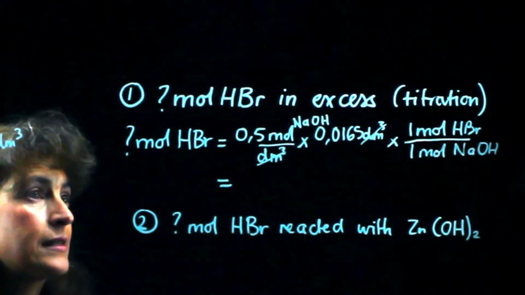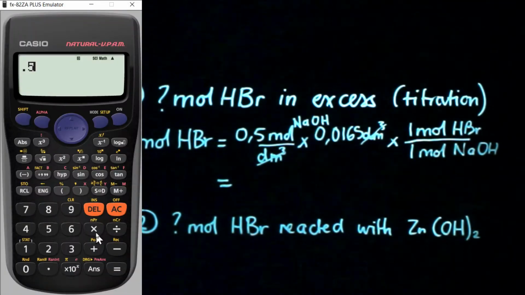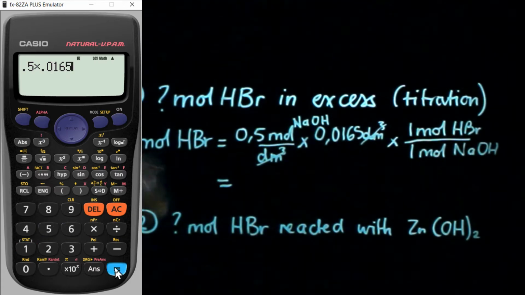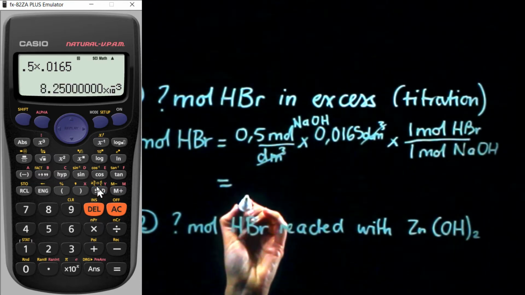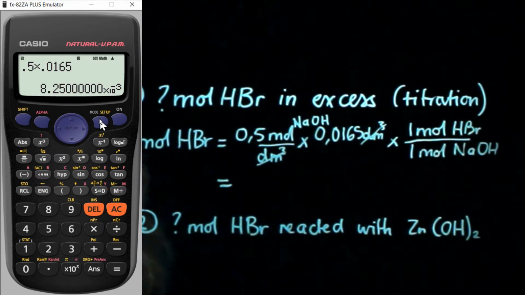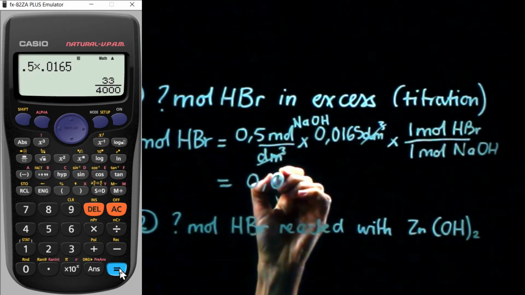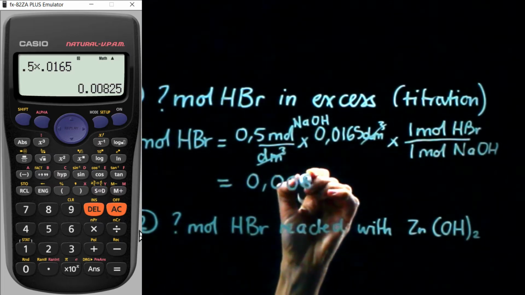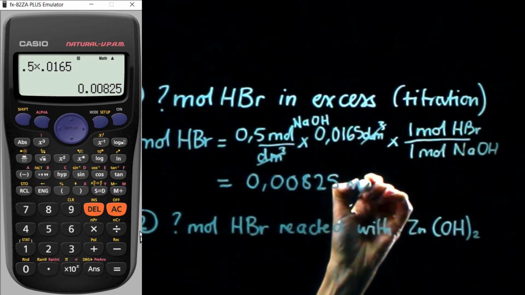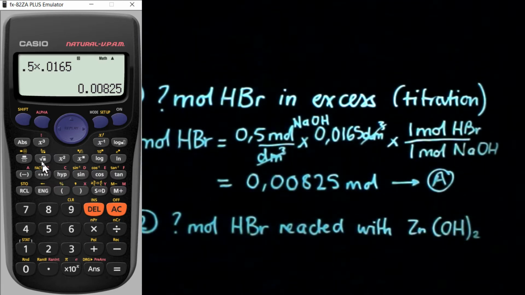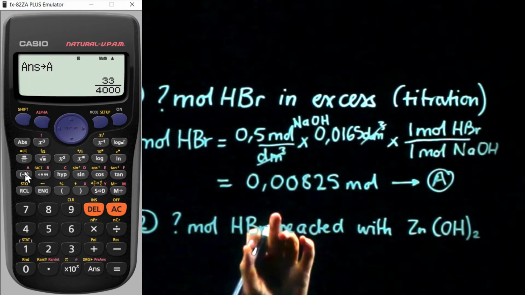Let's get our calculator out. 0.5 times 0.0165 multiplied by 1 is equal to 0.00825, or we can give it in scientific notation. Doesn't really matter. And don't clear your calculator, but maybe to be safe, let's put that into memory A. So we press Shift to recall, which makes it store A. Right, so what does that mean?